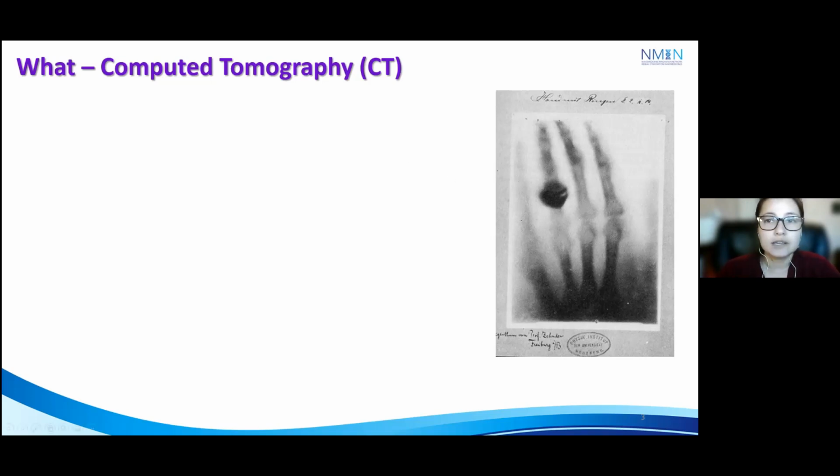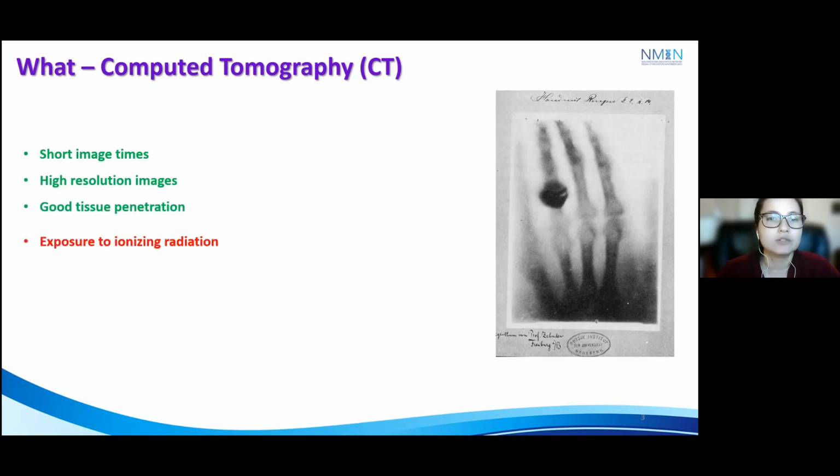This technique has many advantages such as short imaging times, high resolution images, and good tissue penetration. Unfortunately, there are some disadvantages such as exposure to ionizing radiation and difficulty of differentiation between soft tissues, since water and oxygen are not very high in atomic number.